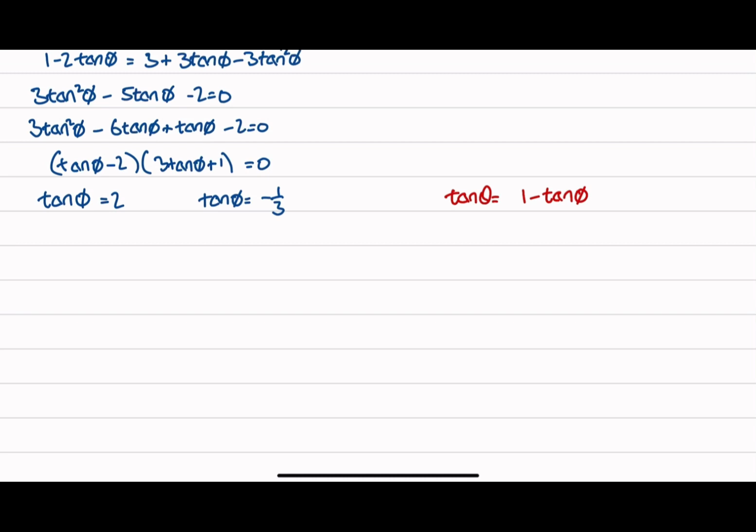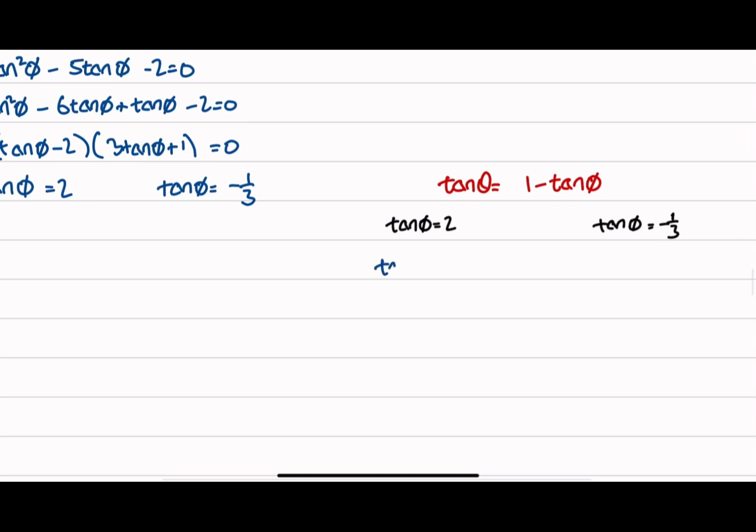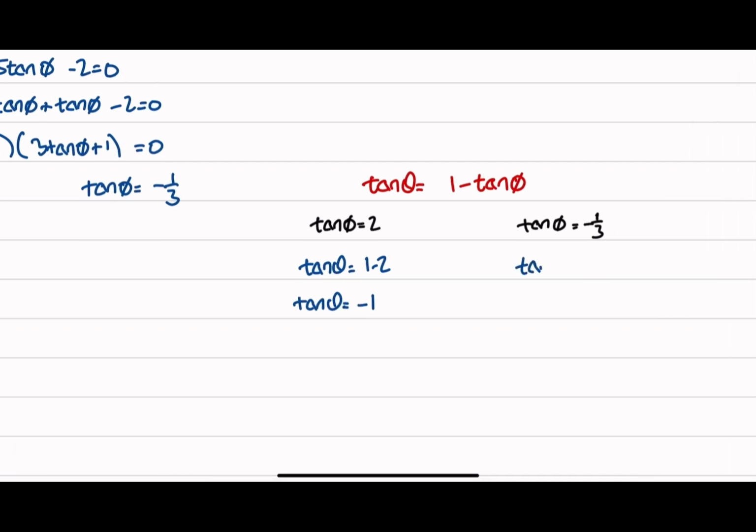So for tan phi equals 2, tan theta will be equal to 1 minus 2, which is minus 1, and for tan phi equals minus 1 over 3, tan theta will be equal to 1 minus minus 1 over 3, which in turn gives me 4 over 3.